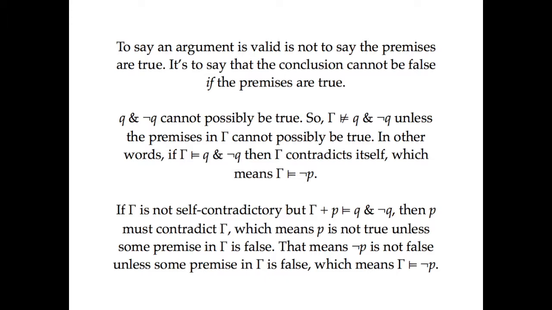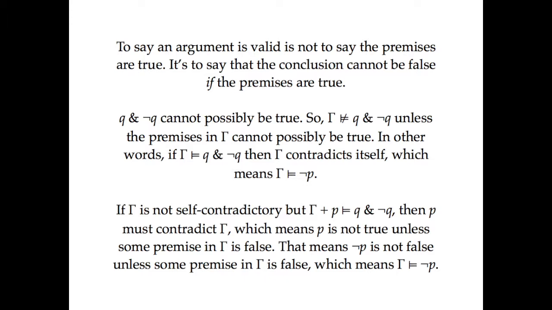In other words, if gamma entails Q and not Q, then gamma contradicts itself. And like we talked about last time, self-contradictory statements can be used to prove literally anything. So if gamma contradicts itself, then one of the things that gamma entails is not P, because gamma entails everything.